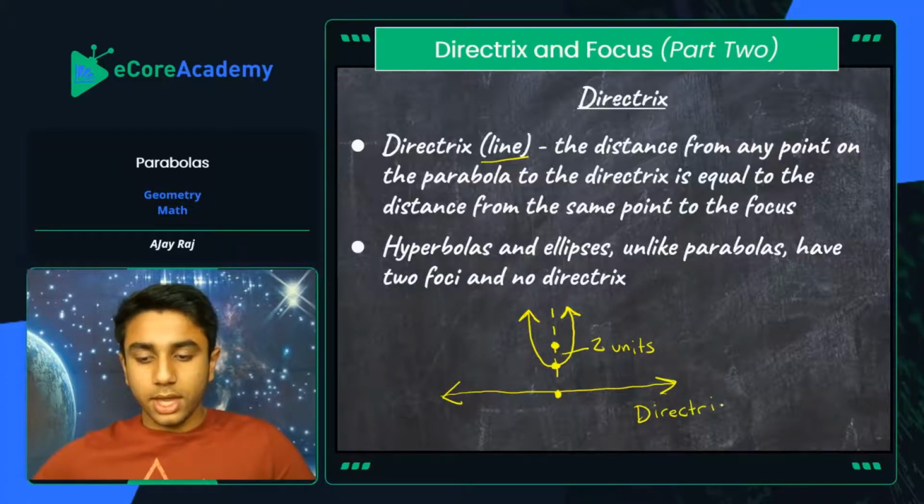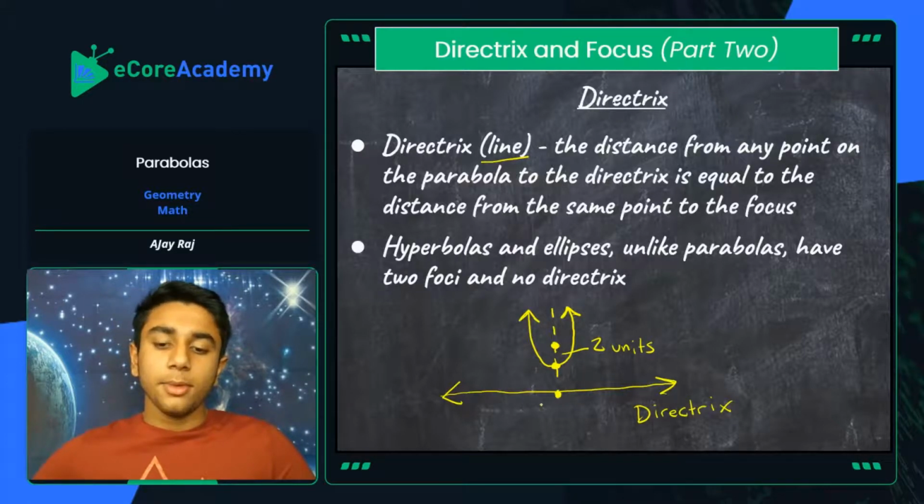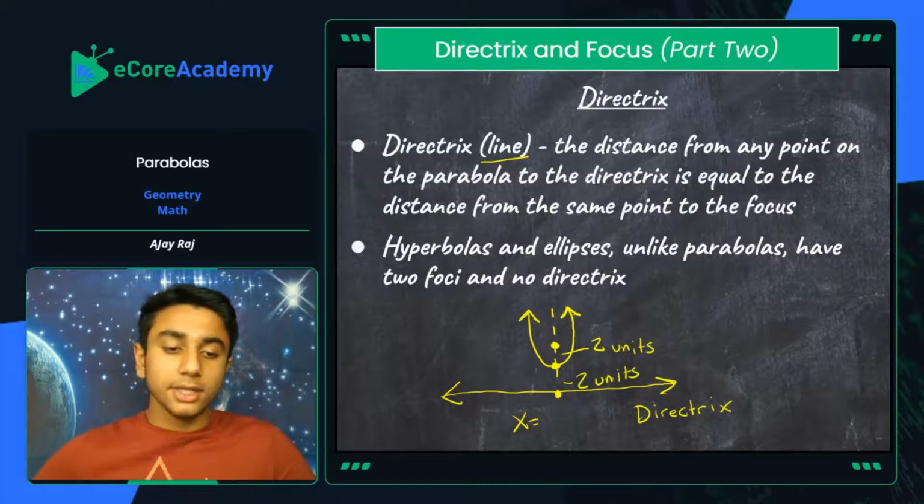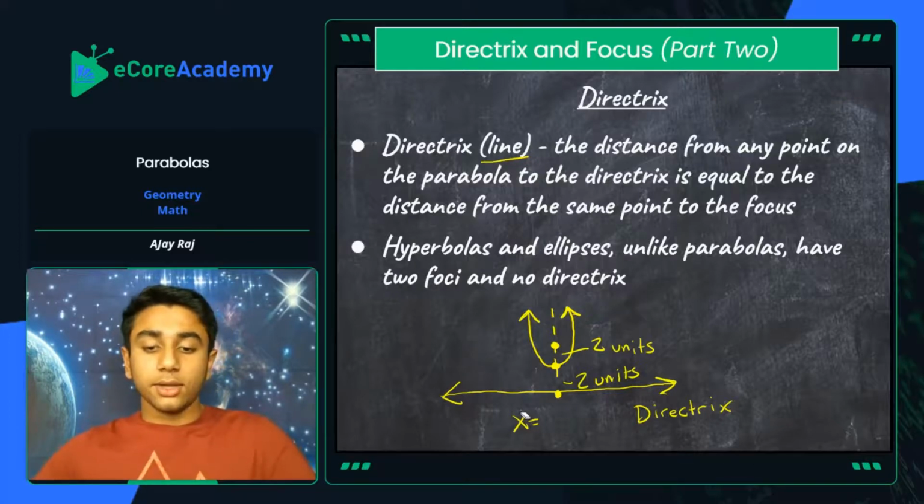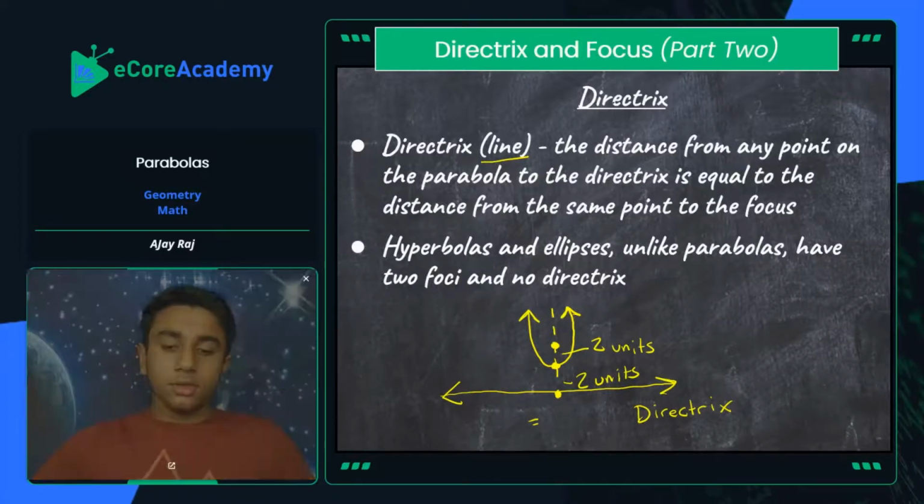This is always going to be an equals value, and it's going to be 2 units away as well. Because it's a line, it's y equals. I apologize.